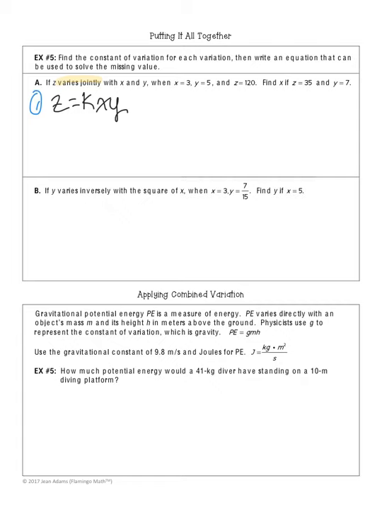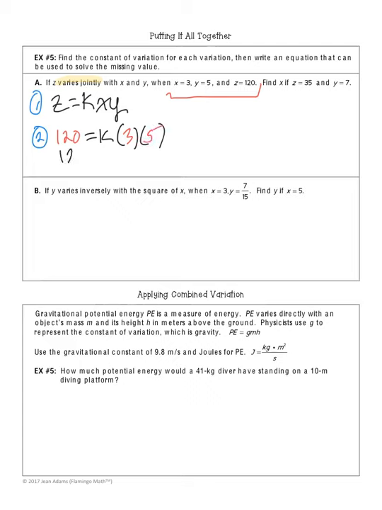So then next they're going to give you a full, in this case, a full triple order pair, an x, a y, and a z value, which they do. Here's your x, your y, and your z. We have to have all three in order to find k. So then part two is plugging those values in to the equation we just wrote. So z is 120 equals k times our x is 3 and our y is 5.